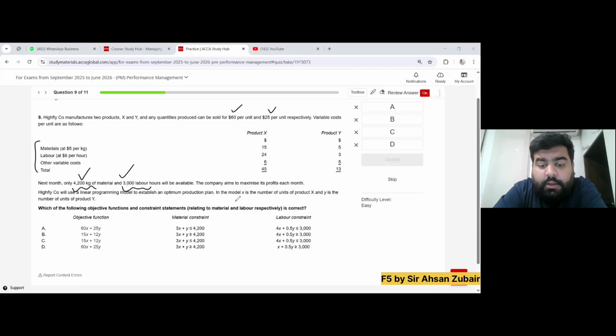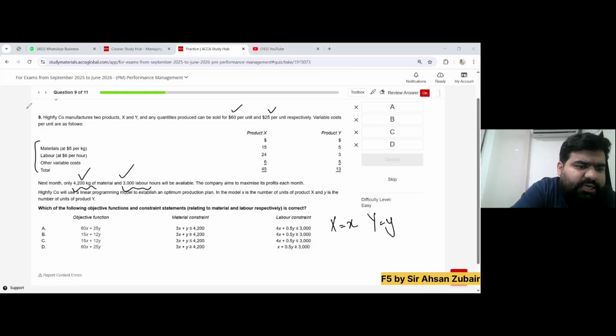So x is the number of units of X, and y is the number of units of Y. What are the objective function and constraint statements? Basically they want you to make the equations for that. So let's make that. It's very easy.